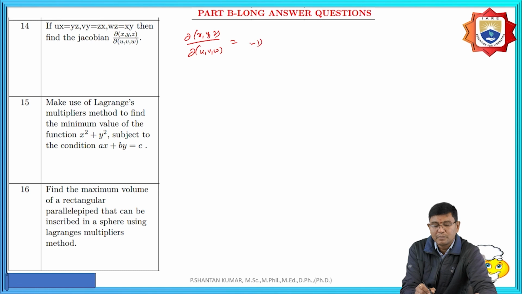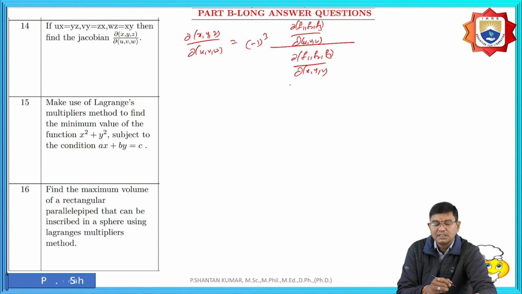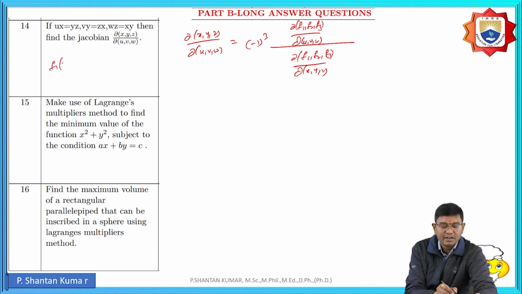We need to assume (-1)^3 into the numerator ∂(f1,f2,f3)/∂(u,v,w), and similarly ∂(f1,f2,f3)/∂(x,y,z). And here what are f1, f2, f3? f1 is u minus yz equal to 0 (with x), f2 is vy minus zx equal to 0, and f3 is wz minus xy equal to 0.